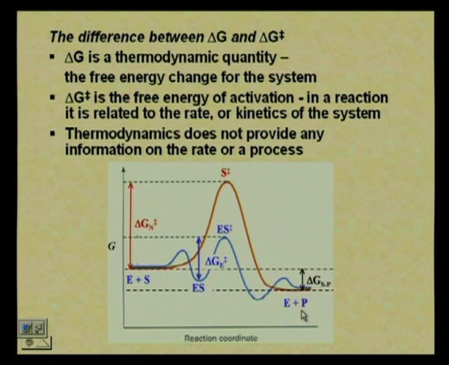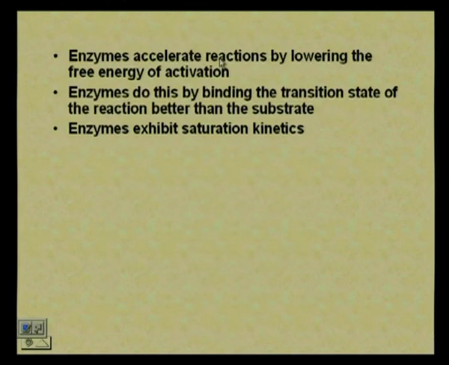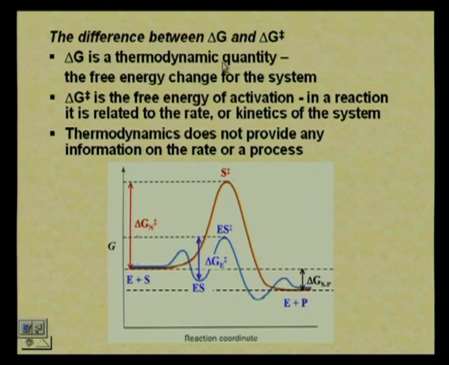So, we have a delta G associated with that. What is this delta G? This is the free energy change for the system. It is a thermodynamic quantity. But the delta G dagger that we have here, what is that?